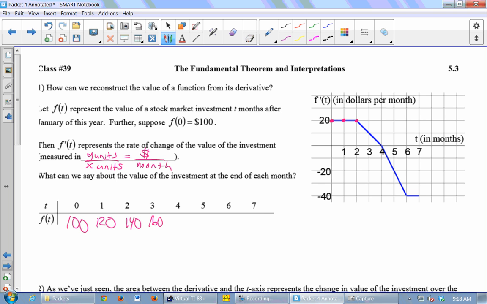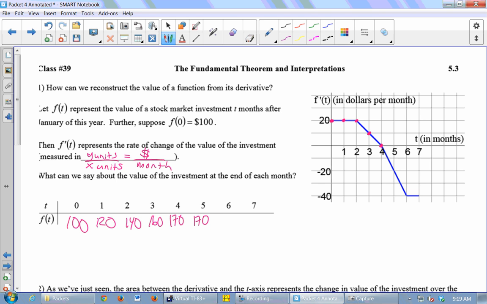And in month three, what's the rate of change of my investment? $10 per month. So by the time I hit month four, my investment should be worth $170, another $10. And then in month four, what's the rate of change of my investment? $0 per month, which means that in month five, I still have $170. Didn't change.